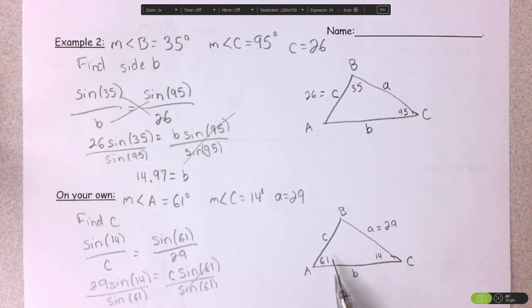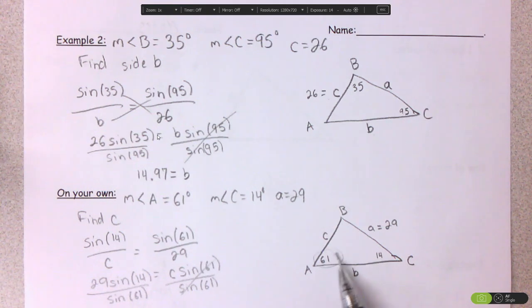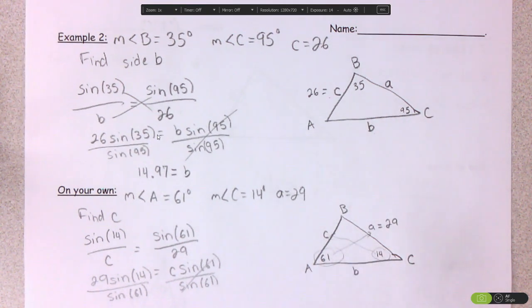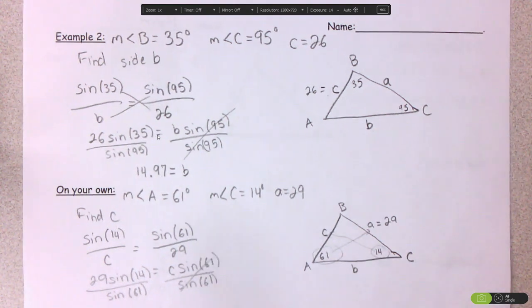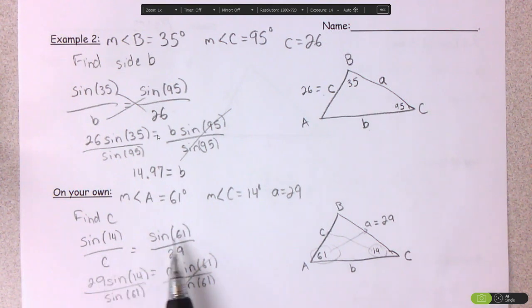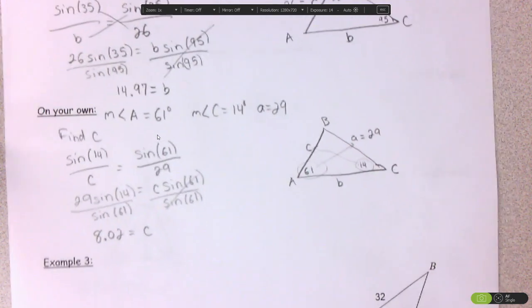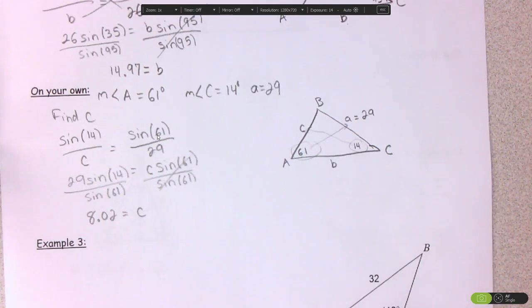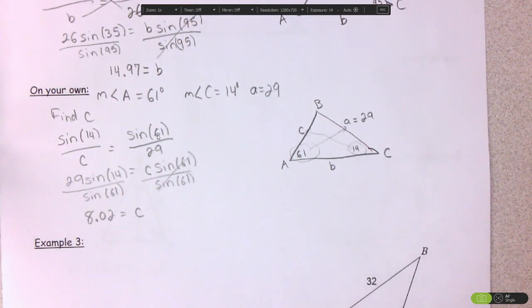We see that the 61 is across from the side 29. 14 is across from side C. So when we set that up, we have sine of 14 over C equals sine of 61 over 29. And then cross multiply, and we get 8.02. So side C is 8.02.